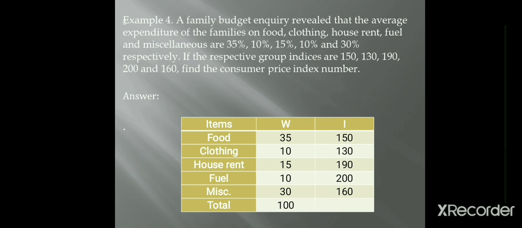Second column heading, it's given as 35, 10, 15, 10 and 30. Together all these values result in 100. The next column is group index as 150, 130, 190, 200 and 160. This is the first step of converting the statement problem data into a table format.